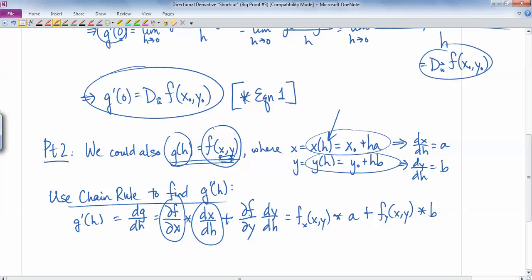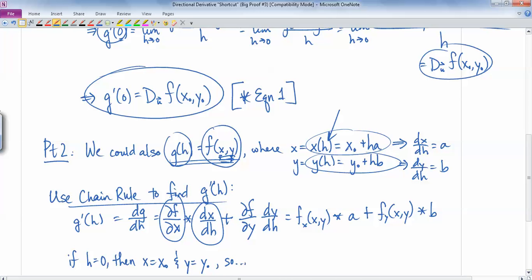Okay. If h is 0, then if we plug in 0 for h, up here we get x equals x naught plus 0 times a, so x is x naught. And similarly, if we plug in 0 for h, we get y naught plus 0 b, so we just get y naught.